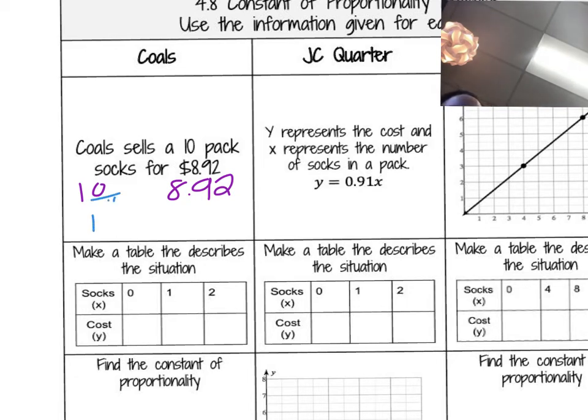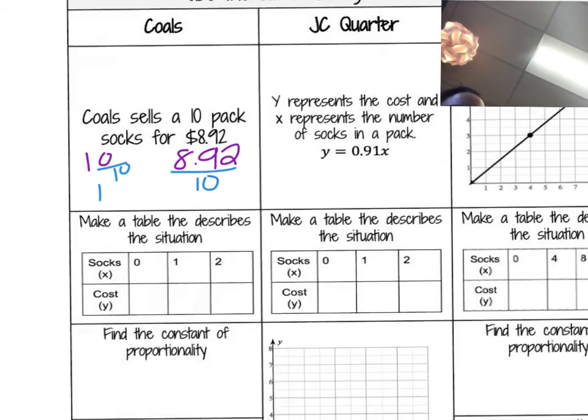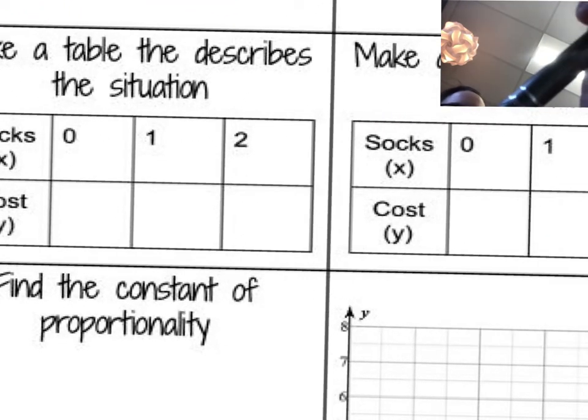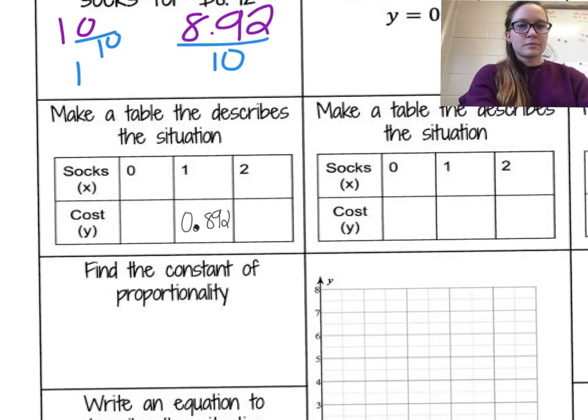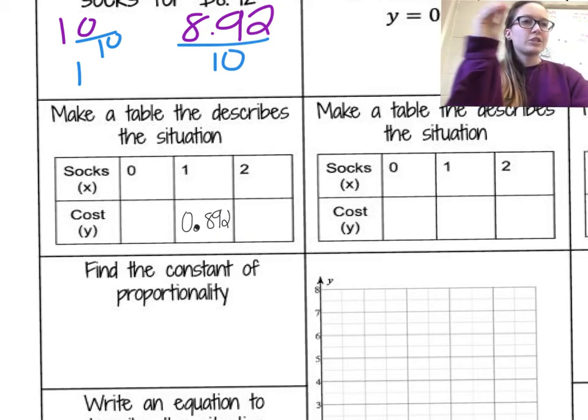So I'm going to divide by 10. Okay, so 8.92 divided by 10 is, I'll have to squeeze it in there, sorry, 0.892. Okay, so that's all to get you started on that one. Okay, so use that information to fill out the rest of it.